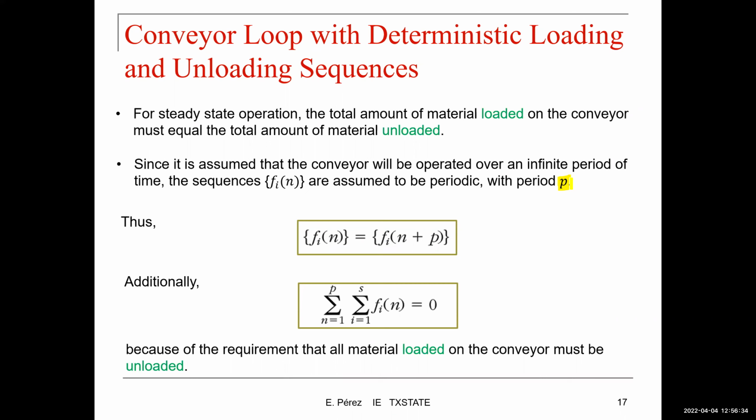Additionally, we have again the flow definition: the amount that goes in goes out, so that should be equal to 0, because of the requirement that all material loaded on the conveyor must be unloaded. Everything that's loaded onto the conveyor will be unloaded at some point. So the summation of the positive loading and the negative unloading, the summation of all of them, should be equal to 0.